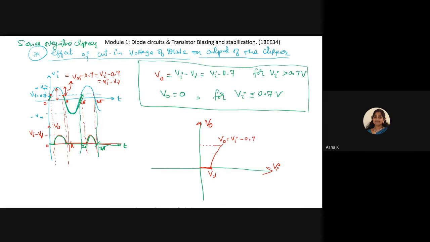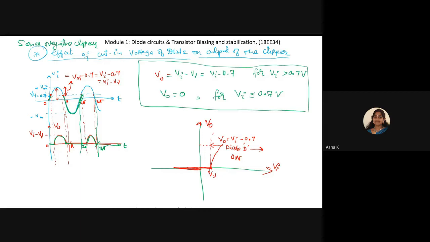And here, from this particular point to here, the diode D is on. Again, whenever the value of V input is less than 0.7, the V output is 0.